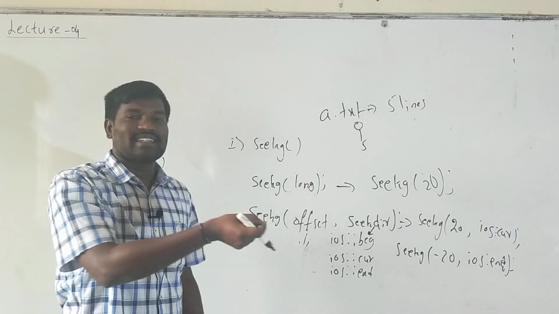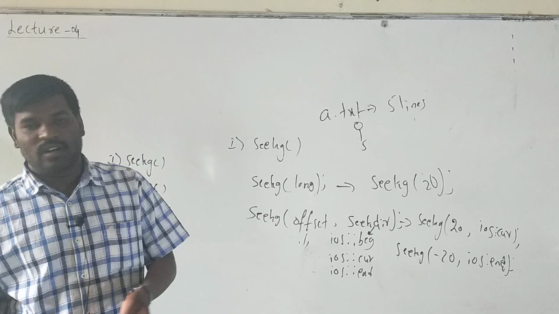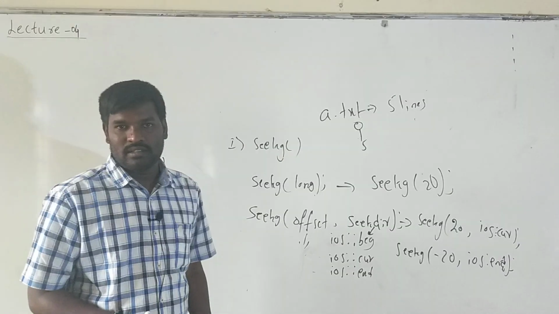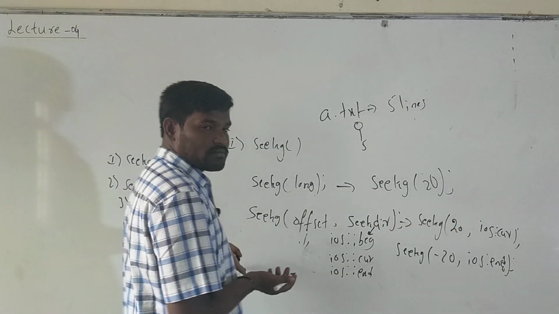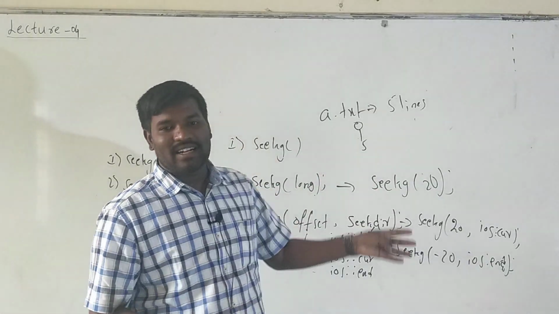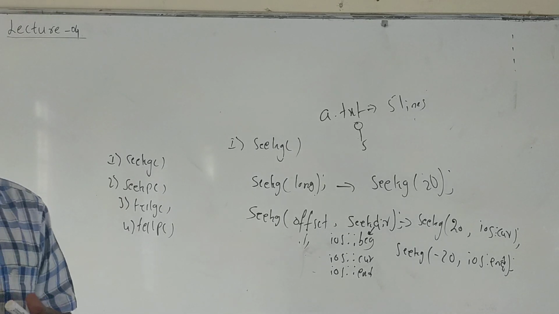Putting means you have to write the character from the beginning, from the current position or from the end. Seekg and seekp examples are the same; you have to add the extra content. So that is seekp.